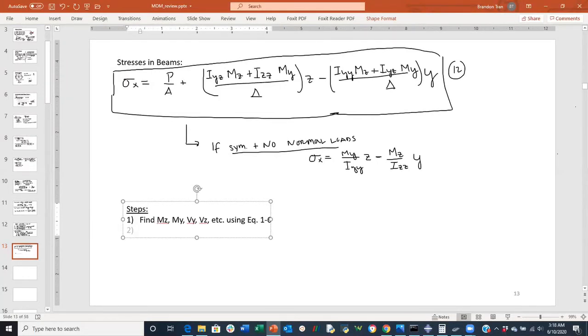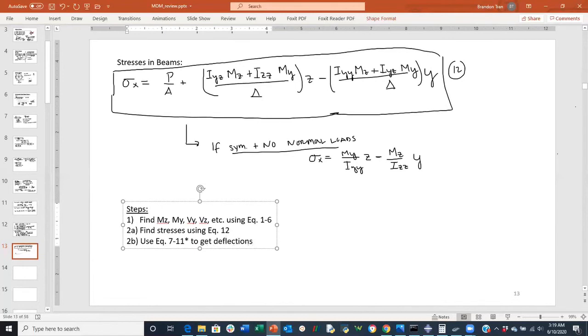Afterwards, so I'm going to say this is not just 2, but 2a. You can go in two different paths here depending on you. You can find the stresses using equation 12, or 2b, you can use equations 7 through 11, and then we put a star there because 10 and 11 considered symmetric conditions to get deflections.